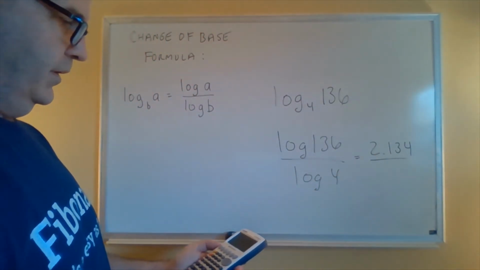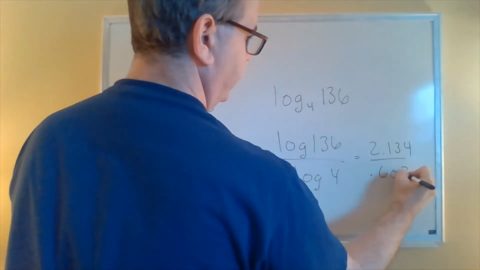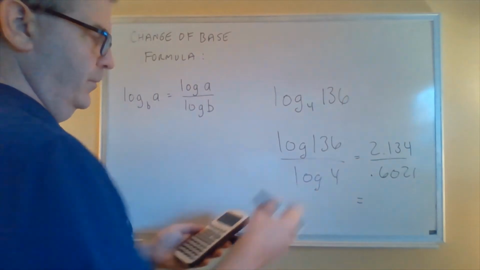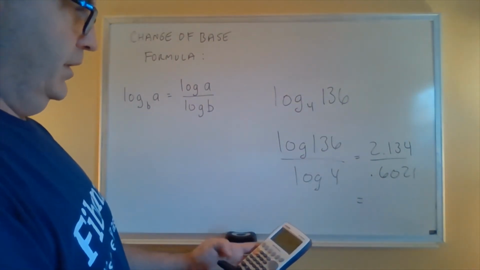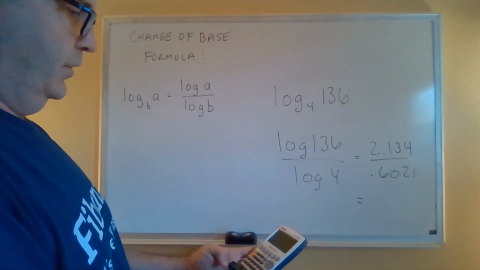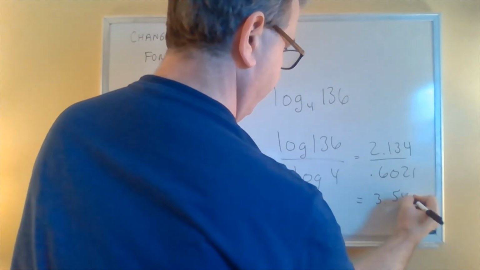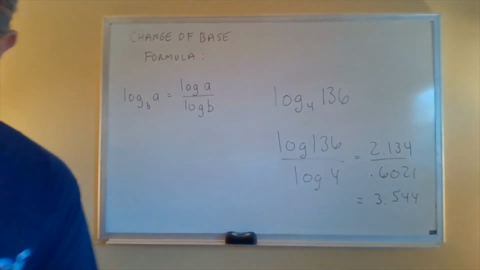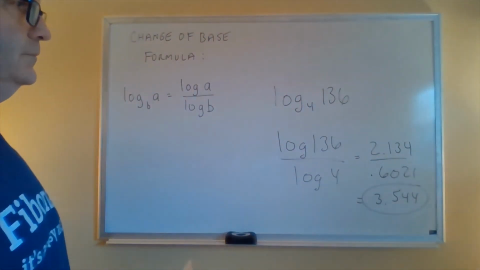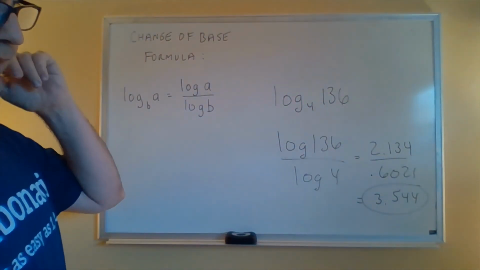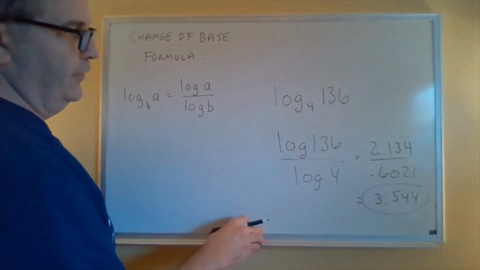The log of 4 is 0.6021. I'll type that fraction into the calculator, divide by 0.6021, and that'll give me 3.544, and that would be our answer for that question. I think on your homework it does ask you to round all your final answers off to the nearest thousandth.